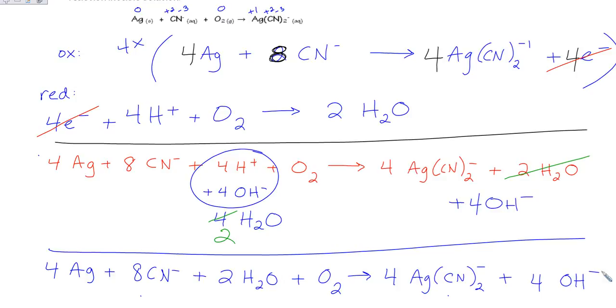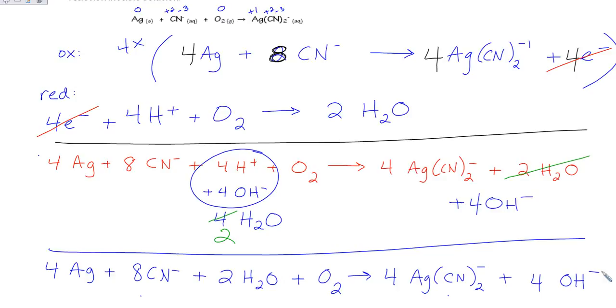I've got 4 atoms of oxygen on the product side. The atoms check out. Let's hope the charge does too. I have on the reactant side a total charge of -8. Bingo. Product side, -8.